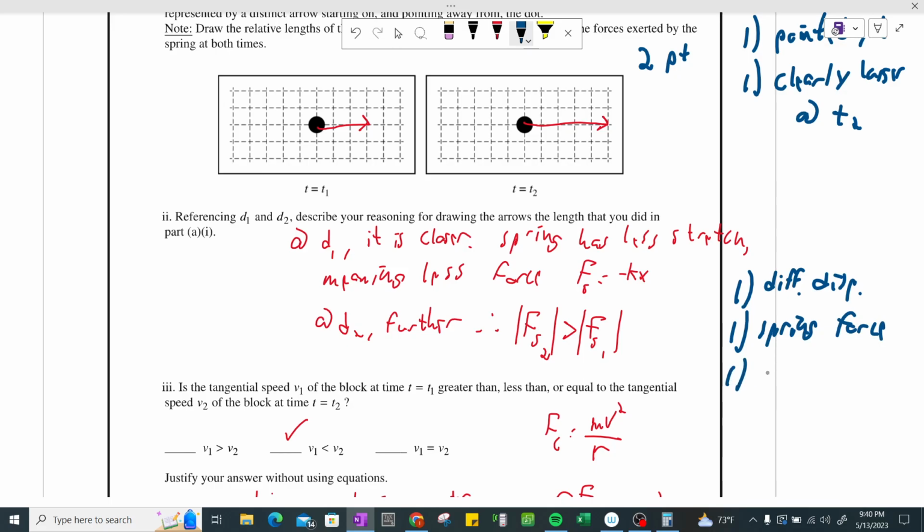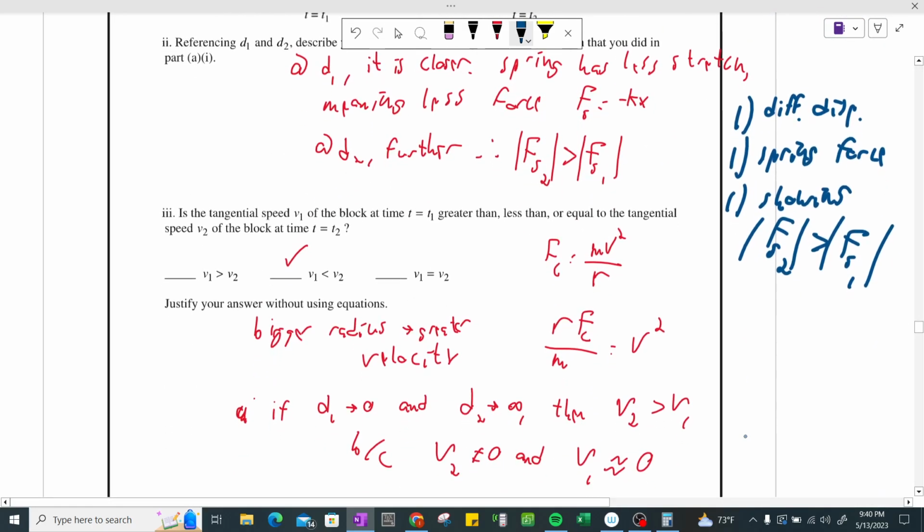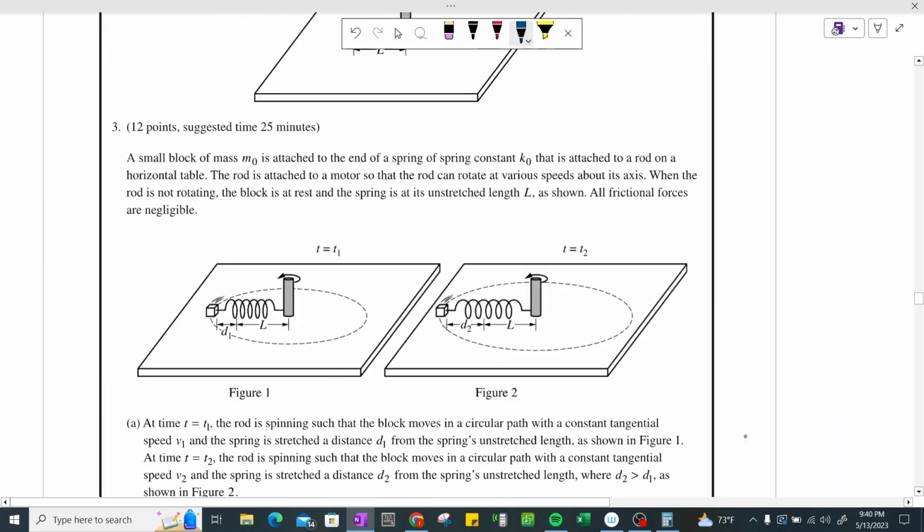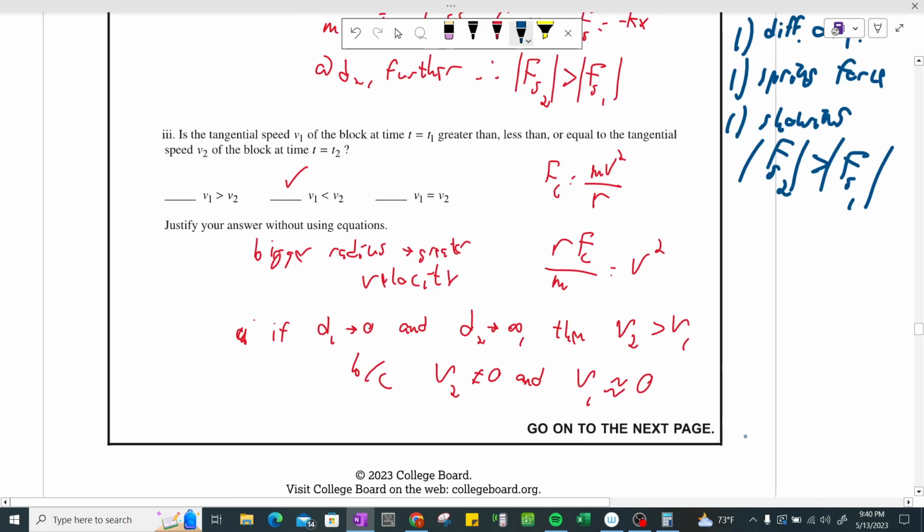And maybe 1 point for showing, let's say, FS2 is bigger than FS1. And again, I don't think they would pick on the absolute values or magnitudes, but it's worth including. So we're up to 5 points out of 12.